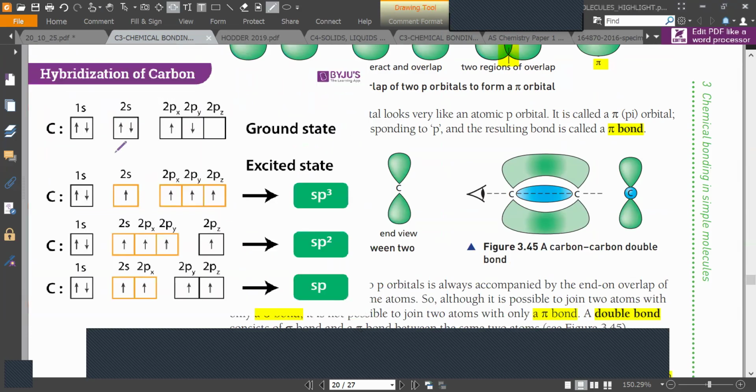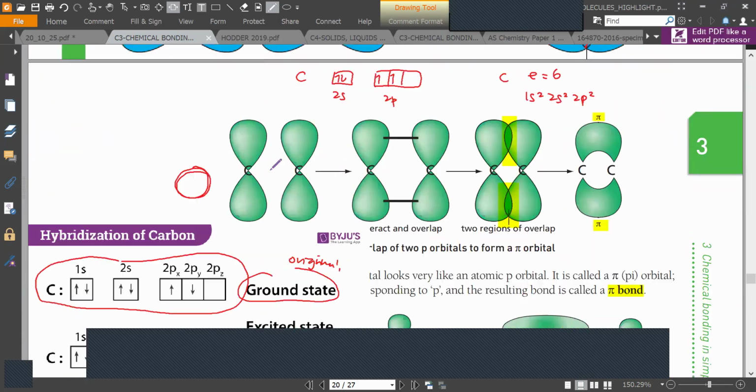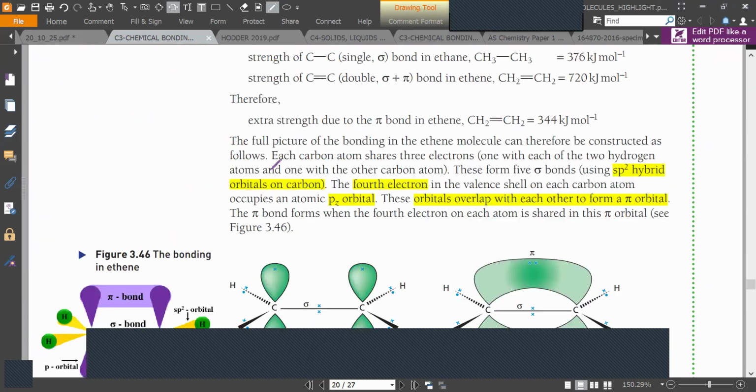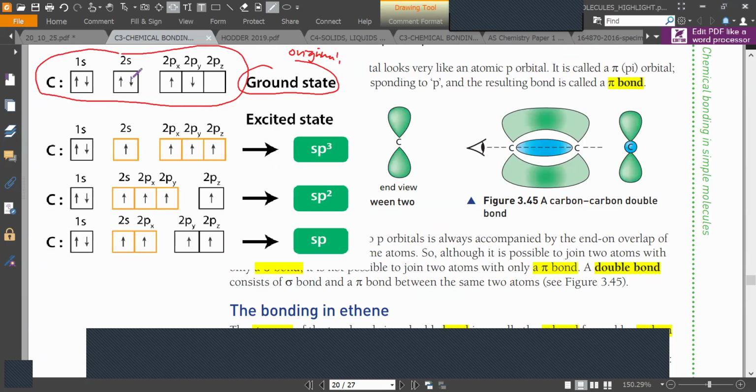At first the electron configuration is like this, the original. But it wants to hybridize. Before it hybridizes, it will excite the electron. So one electron will come here, and then it will take these three and do the sp2 hybridization.